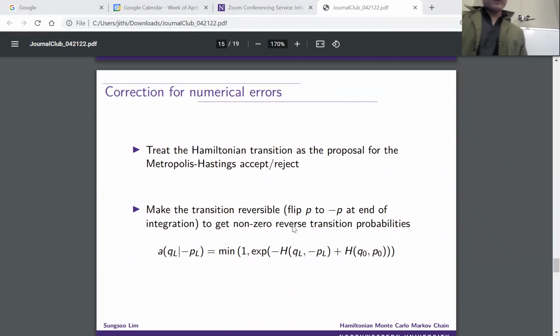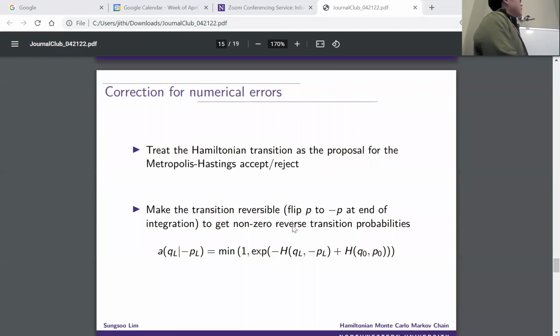As I mentioned before, there are still numerical errors with these integration schemes. The workaround is to use the Hamiltonian transition as the proposal for the Metropolis accept/reject step. One thing we have to keep in mind when we do this is to make the transition reversible.